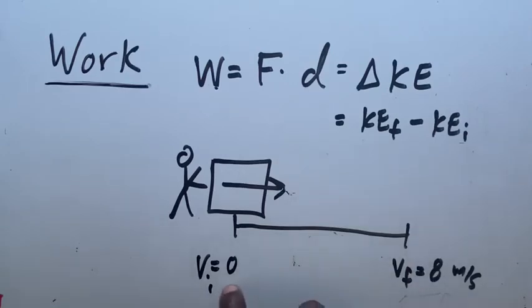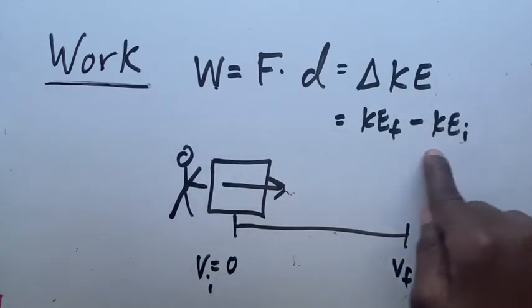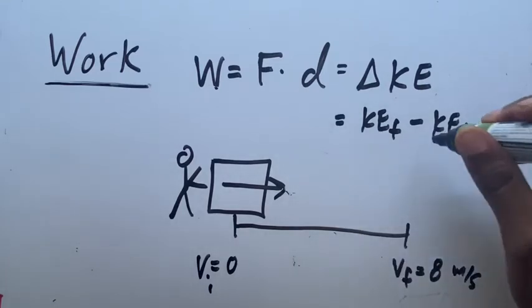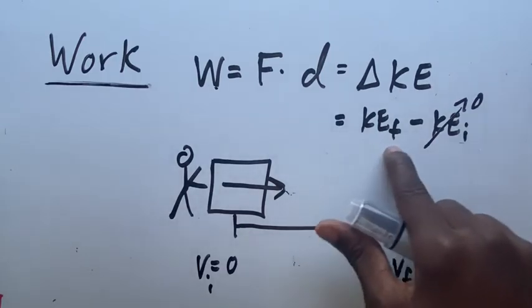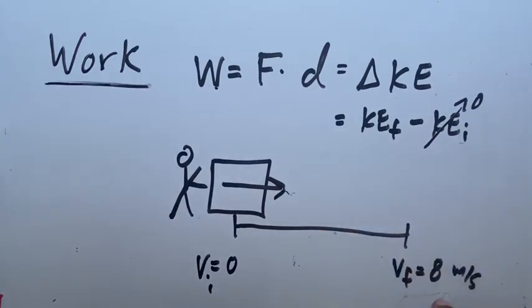Since the initial velocity is 0, this part right here would be 0. Boom. The final velocity is going to be 8 meters per second.